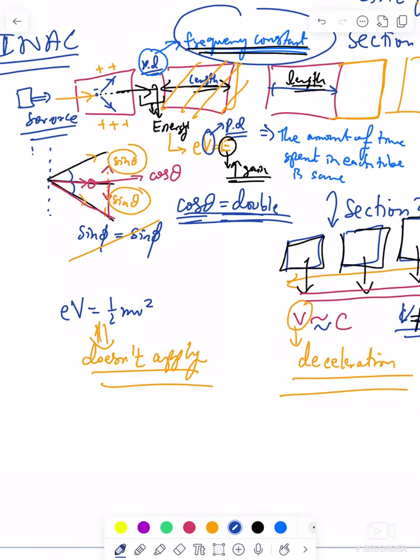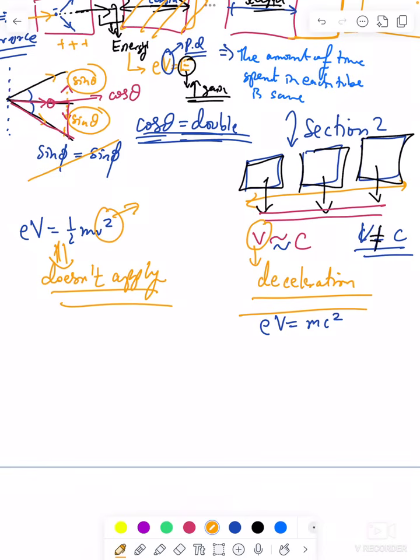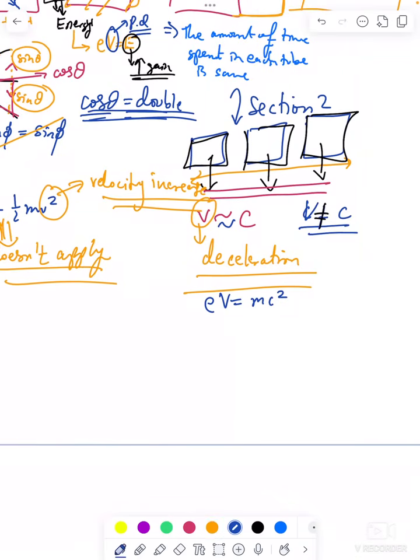Okay. What happens is E = mc². Now, instead of the velocity increasing, the increase we see is of mass. The mass starts increasing as a consequence of velocity not increasing.